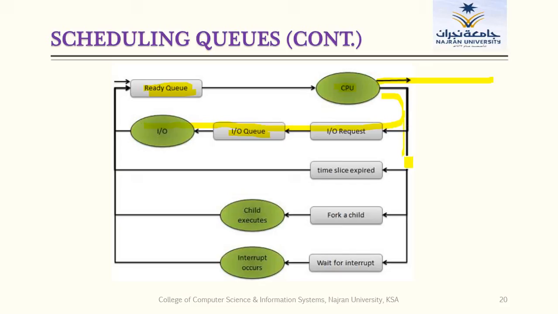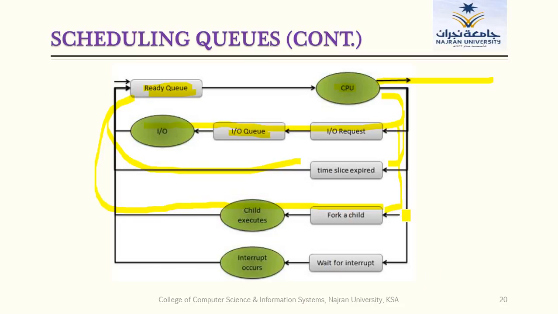The second possibility is maybe its time slice has expired. Its time is expired, and after that it is moved back to the ready queue. Again it will wait here for its turn until it reaches the running state. The third one is maybe it forks a child: it gave a command and created a child process, and the child process starts execution, and the parent goes to the ready queue again. After the child finishes execution, the parent comes back.